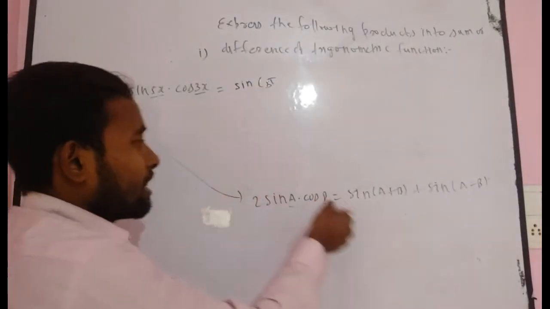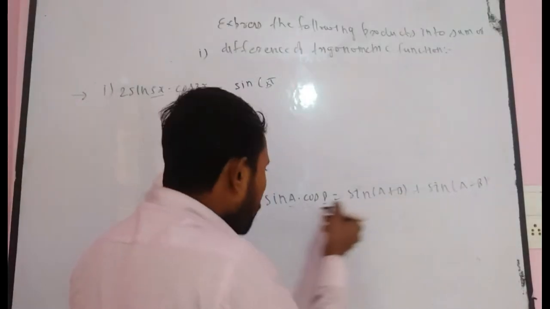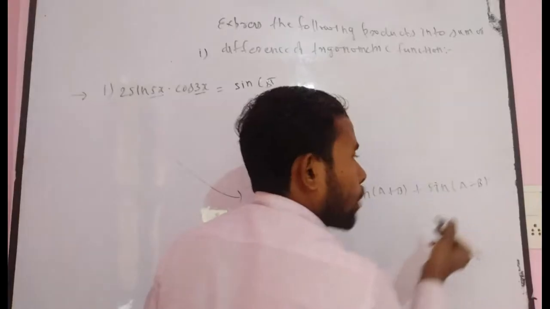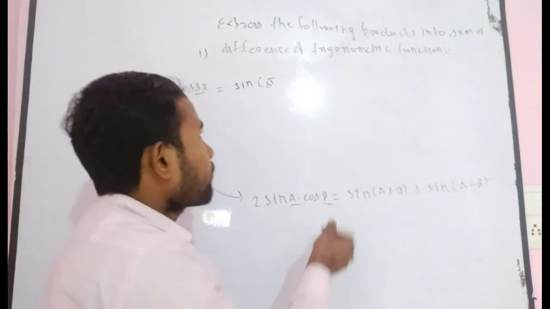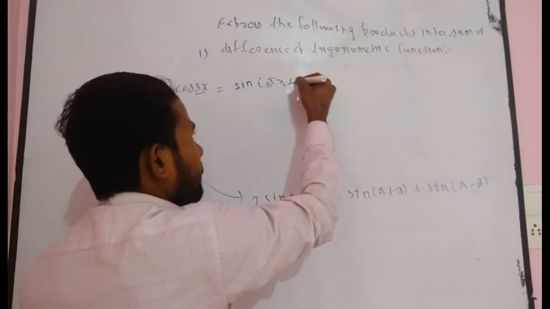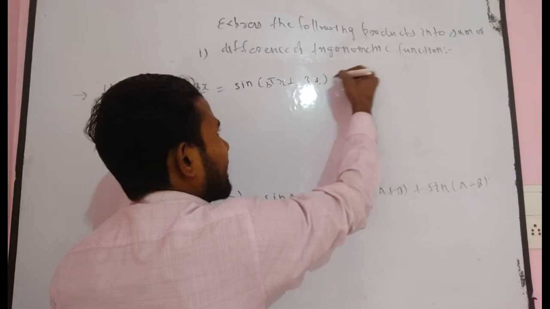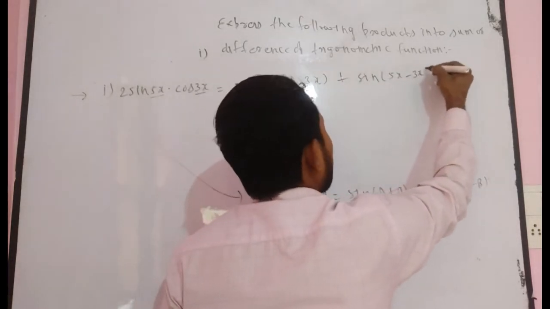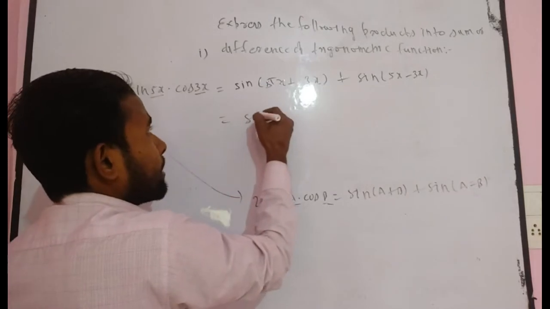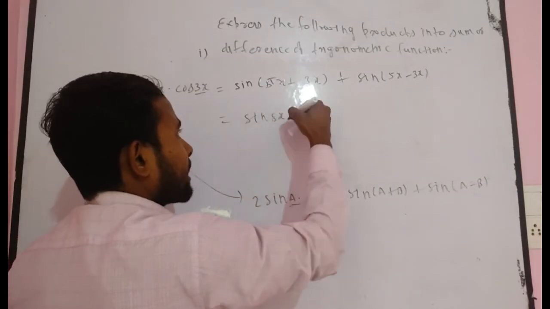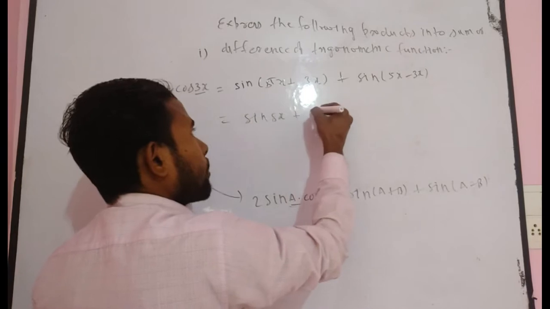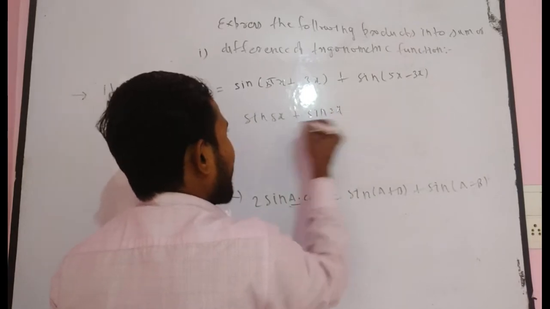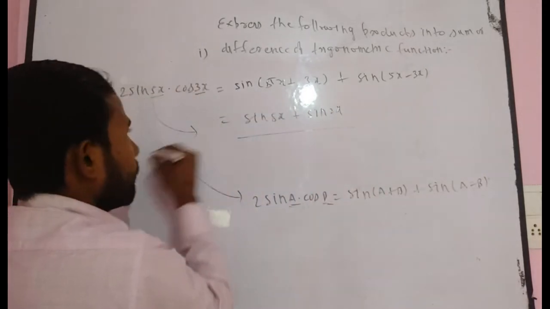You can write sin (a plus b), the sum of the two angles, and the difference of the two angles in terms of sin. That means sin (5x plus 3x) plus sin (5x minus 3x). Finally, 5x plus 3x is 8x and 5x minus 3x is 2x, so it is sin 8x plus sin 2x. It is the final expression of this formula.